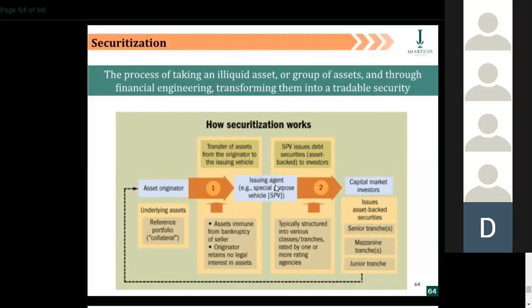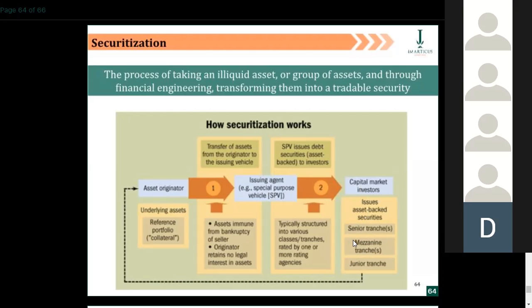So the issuing agent special purpose vehicle is made, and this special purpose vehicle is then sold in the capital market to investors, right? First they make different tranches. The underwriter is making these tranches.